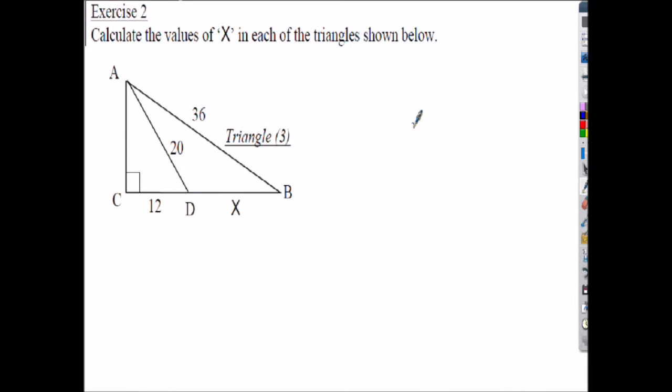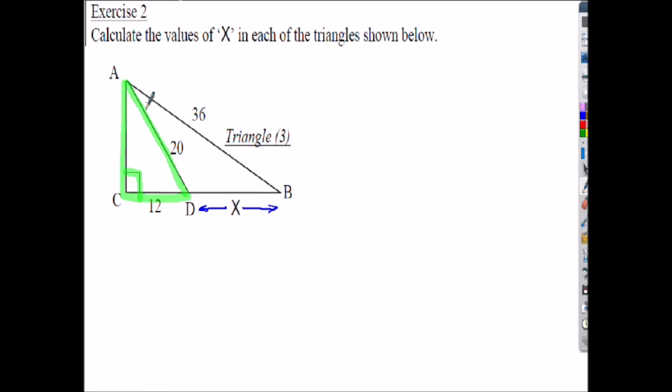Exercise 3 is slightly more complicated. We've got to find the value of x again, which relates to this dimension here between D and B. So to do this, we have to break the problem down into two triangles. So we're going to consider the first triangle, that's shown as AC to D here. It's a right angled triangle, and we're given two sides of the right angled triangle, so I can find the third side.